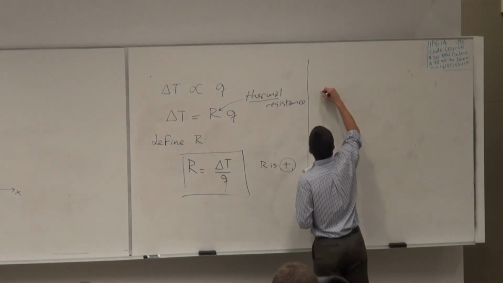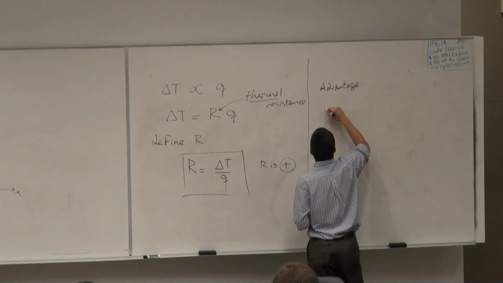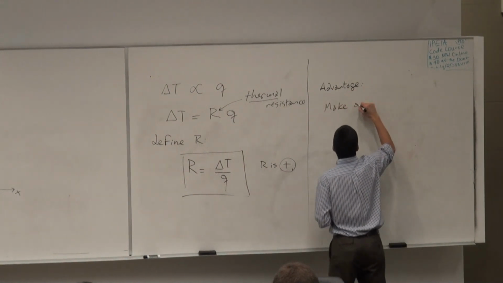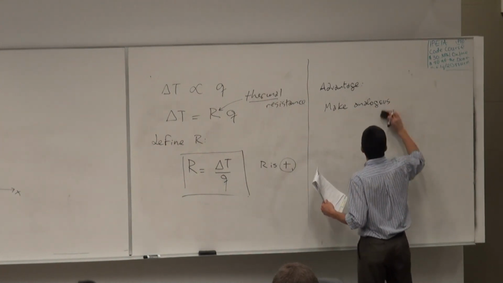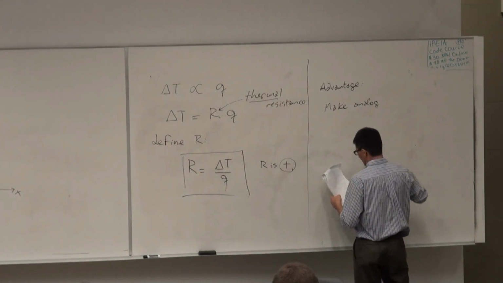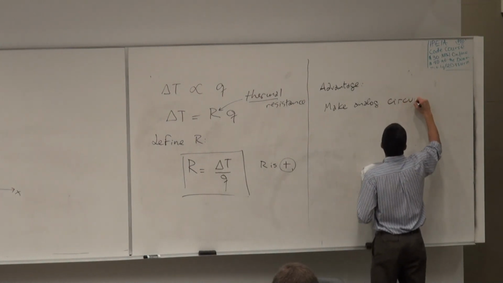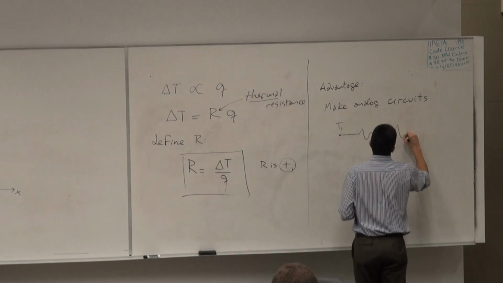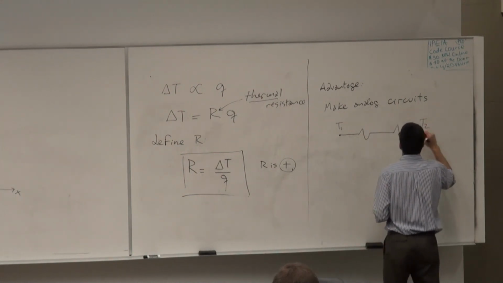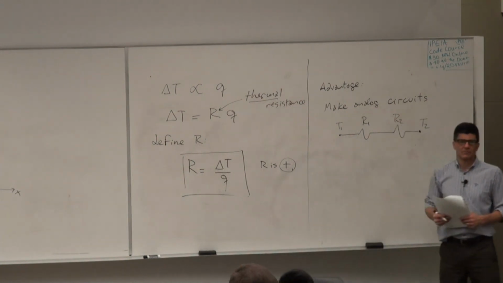So what is the advantage? We can make an analog circuit. Let's call it analog, that is a shorter word. So now we can say that between this temperature T1 and this other temperature T2, we have two resistances in series.